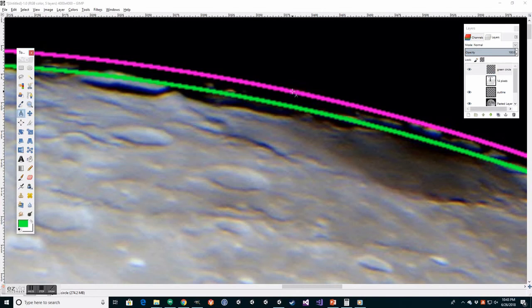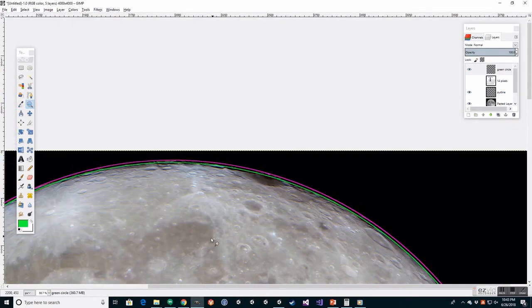My estimate was that these two circles are 14 pixels apart. So that means there are 14 pixels of unilluminated moon in this image on one side.